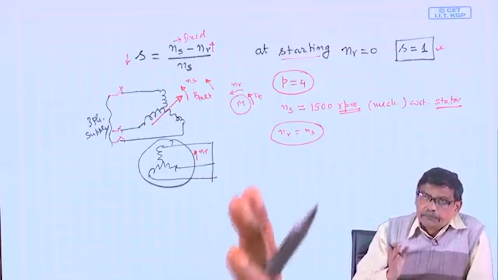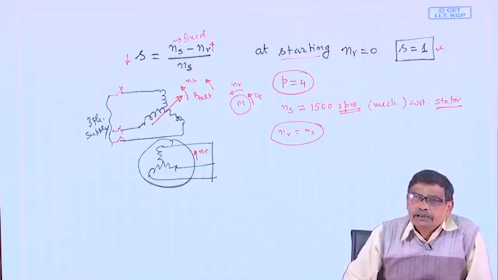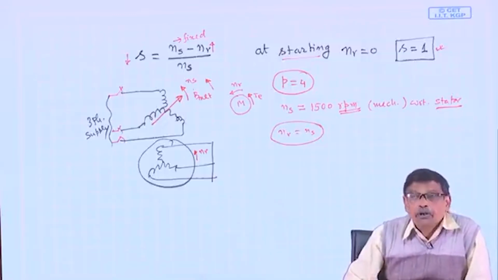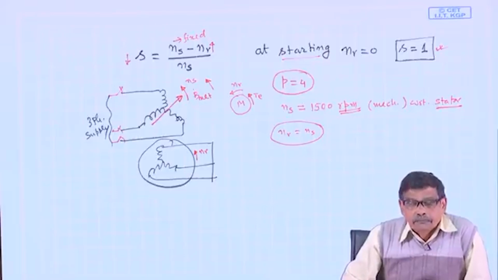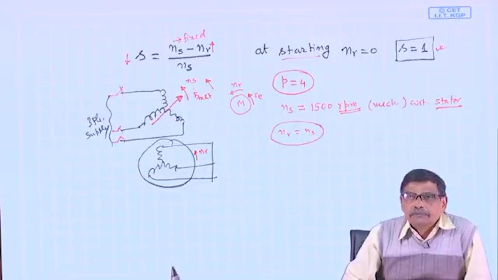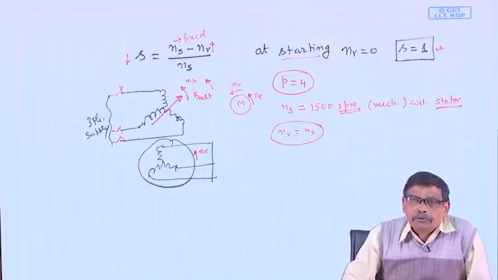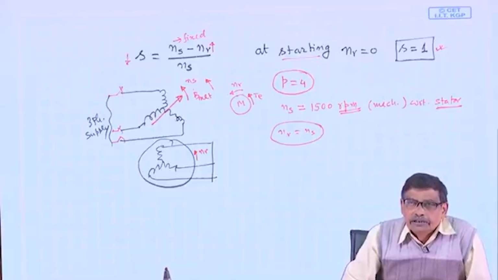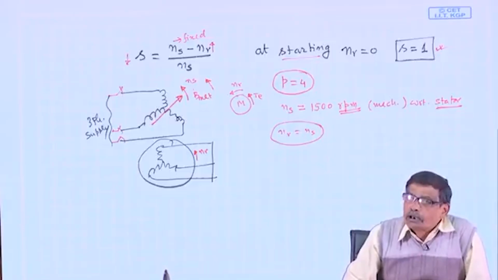It is right at that point, the moment the rotor field reaches Ns, that slip will become 0. And if slip is 0, I am sure about this, there will be no rotor induced voltage, there will be no rotor current.